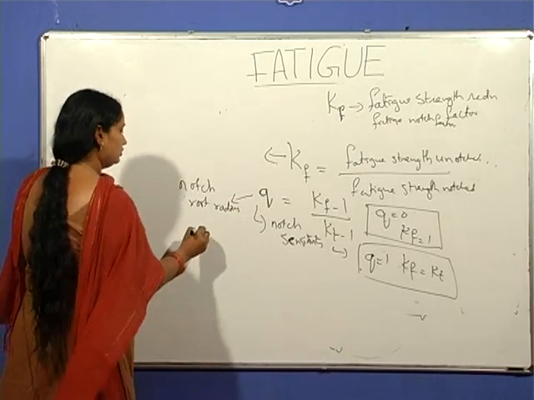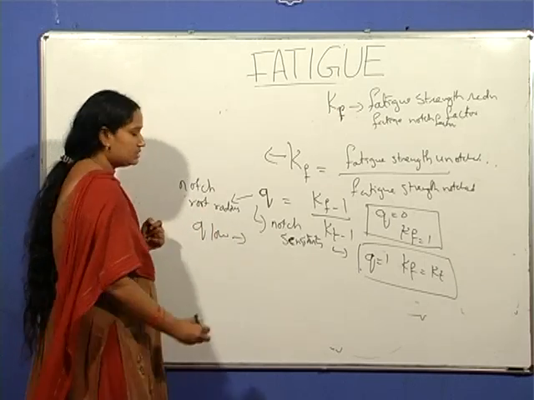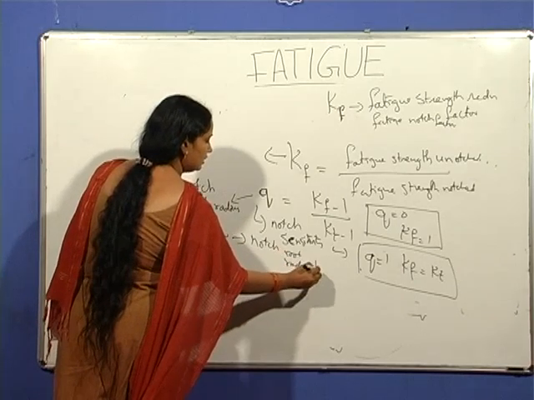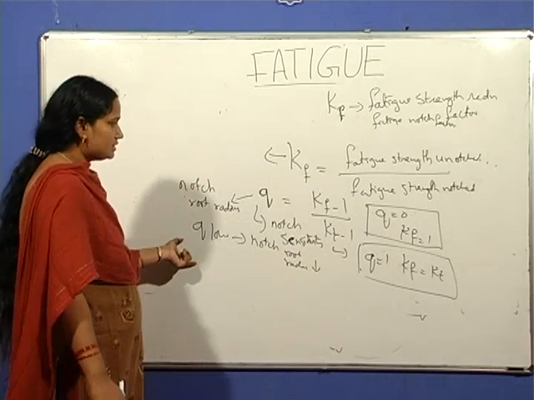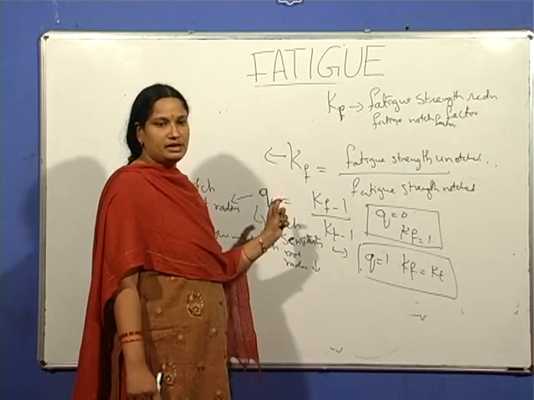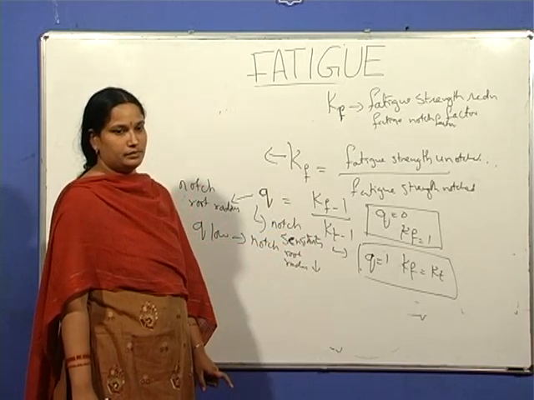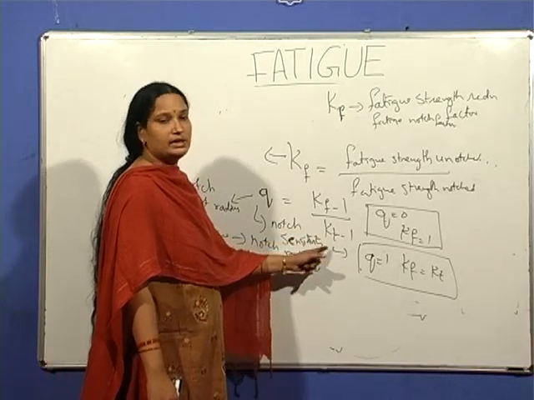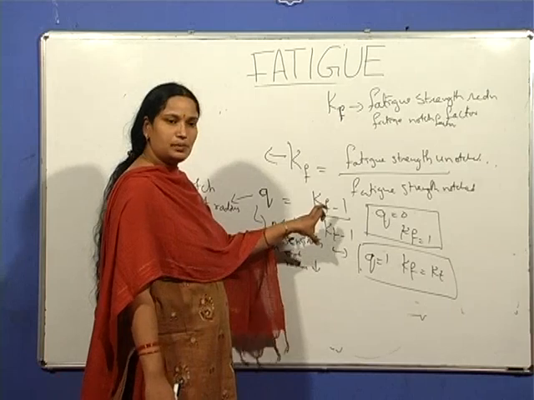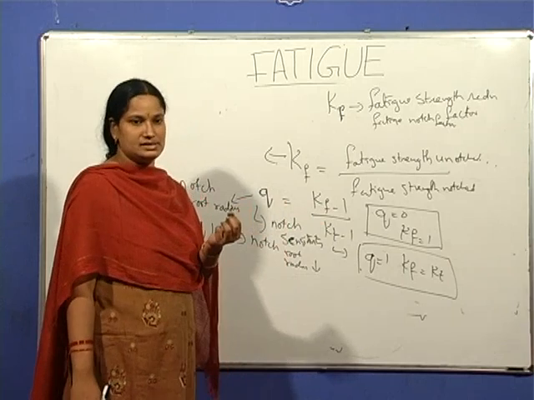The q value is low when the notch root radius is low, because Kf increases more slowly for small radii notches when compared to Kt. Kt increases to a greater extent when compared to Kf. Kf increases more slowly as the notch root radius decreases.